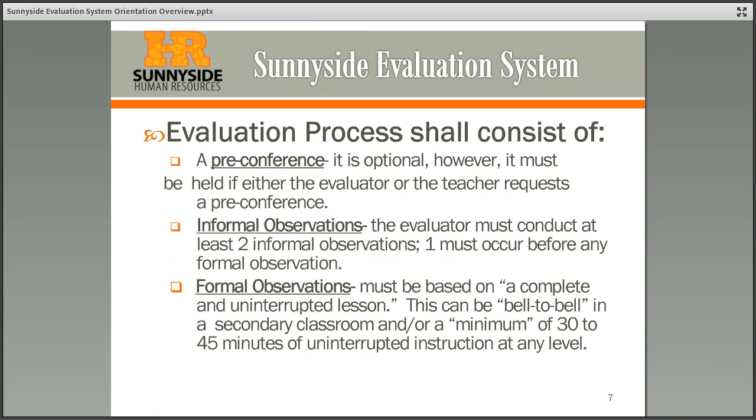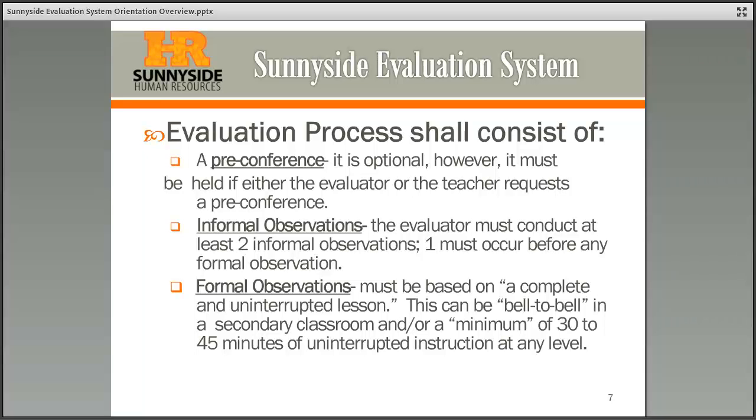The evaluation process also consists of a pre-conference, informal observations, and formal observations. A pre-conference is optional. However, it must be held if either the evaluator or the teacher requests a pre-conference. For informal observations, the evaluator must conduct at least 2 informal observations within the year.